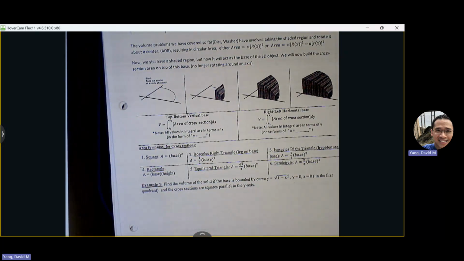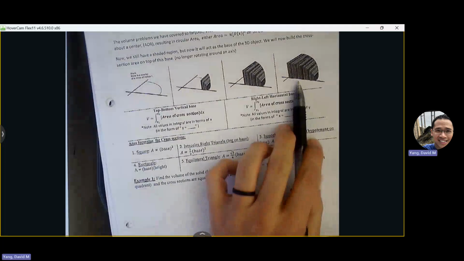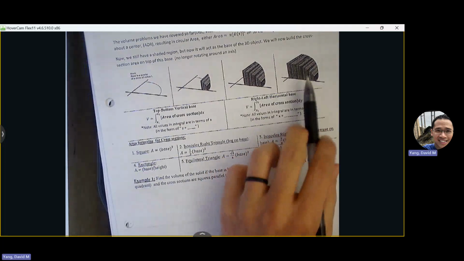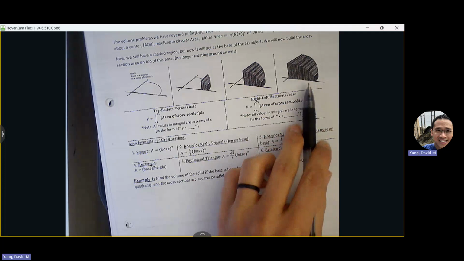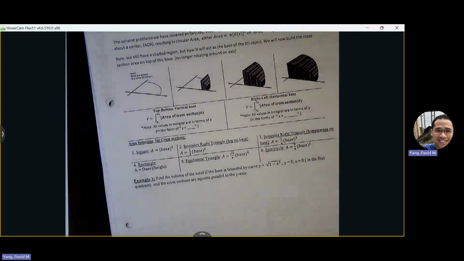All right, so example one. For those of you coming in late, we're on page 17. Okay, so our goal for our first example is to try to find the volume of this object.